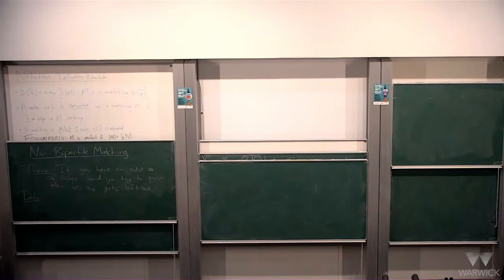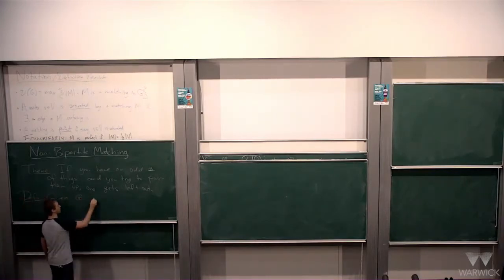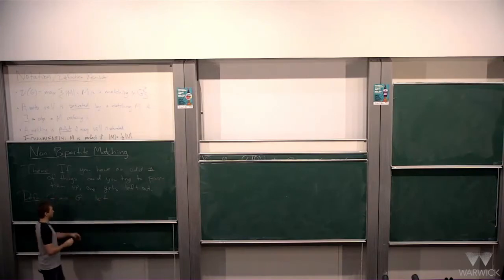Definition: given a graph G. In pretty much everything we've done, we think of the graphs as being connected, so that there's only one component.